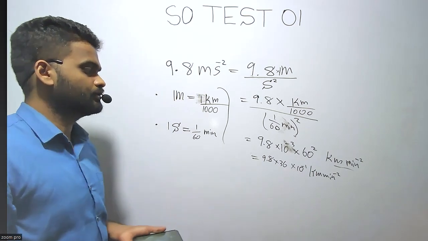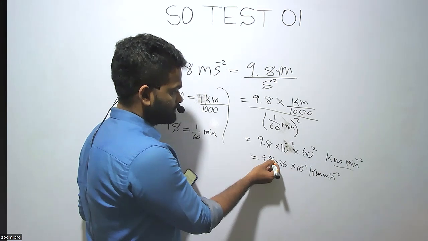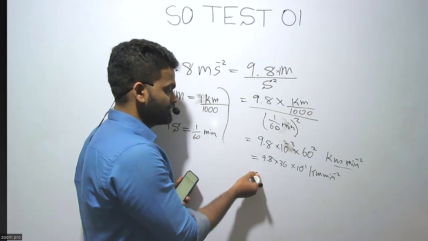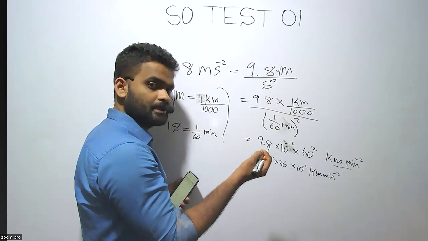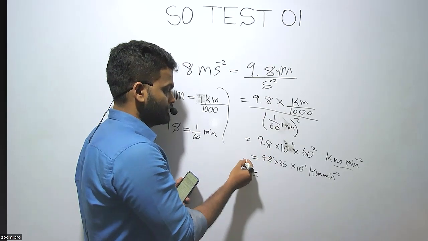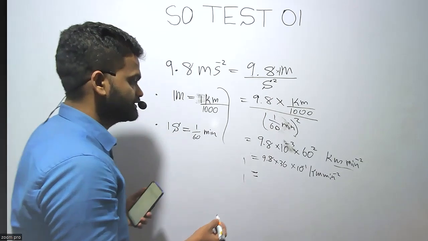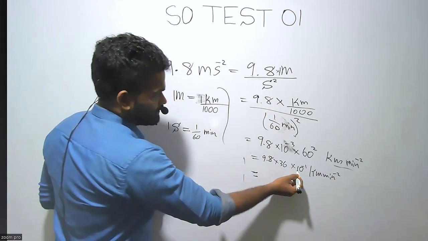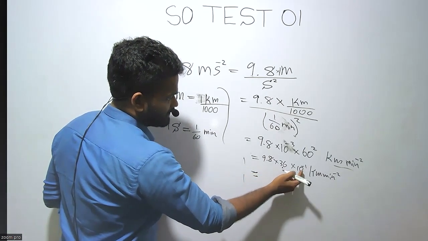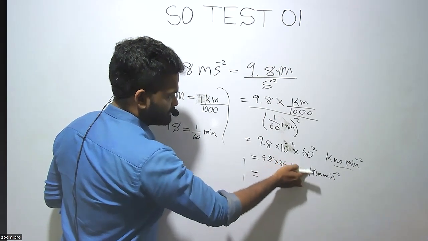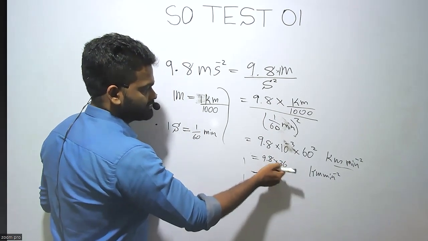So you need to follow the correct simplification method as well. You need to be able to quickly get the answer, right? Then we need to multiply 98 by 36. If you multiply by 10 to the power minus 1, this is going to be 3.6, right? So this is the calculation we need.